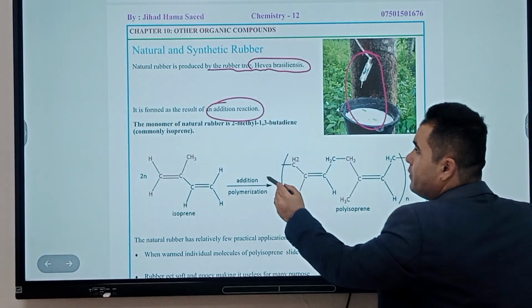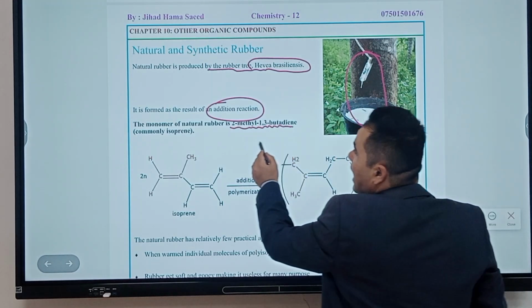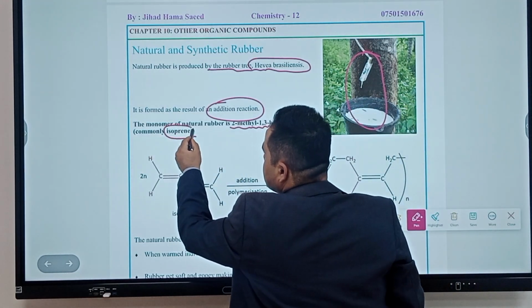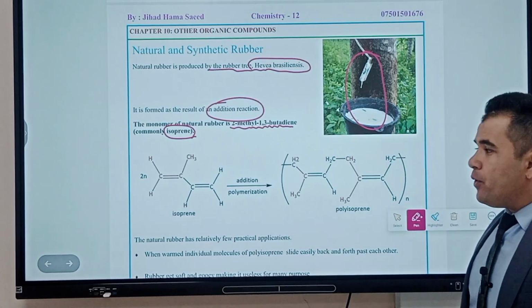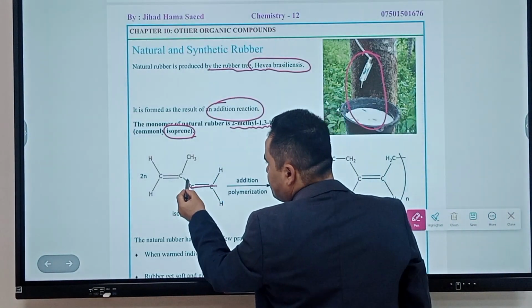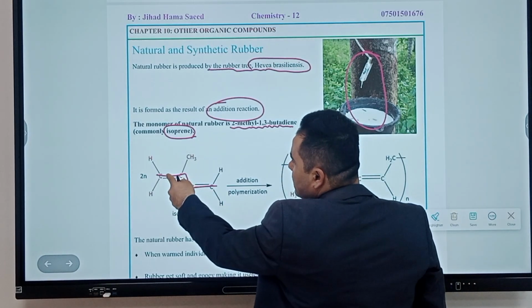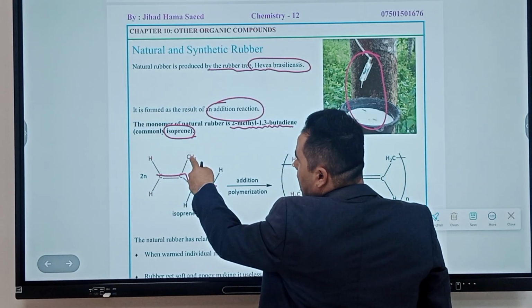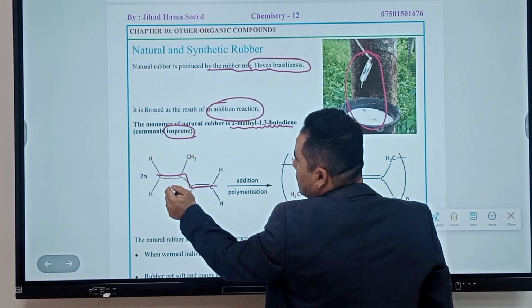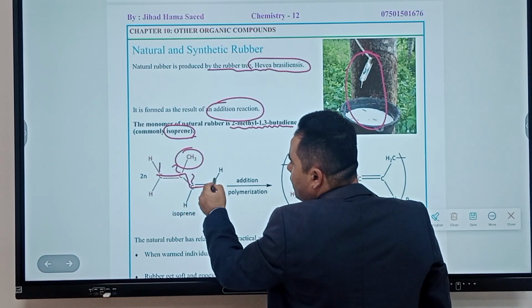The monomer of natural rubber is 2-methyl-1,3-butadiene, commonly called isoprene. Have a look at this structure, guys. Here we have one double bond on this side and one double bond on the other side, and the alkyl group methyl from that. So 1, 2, 3, 4.